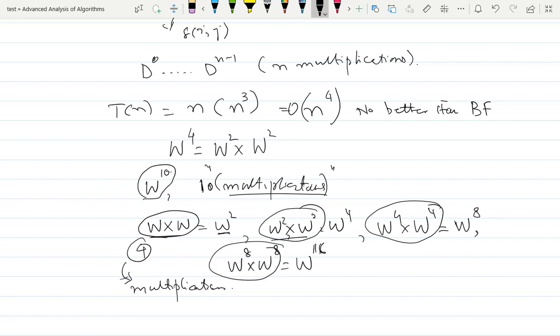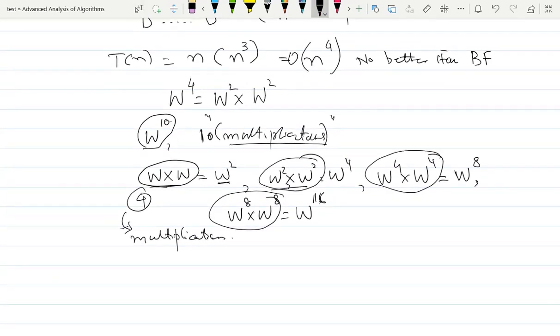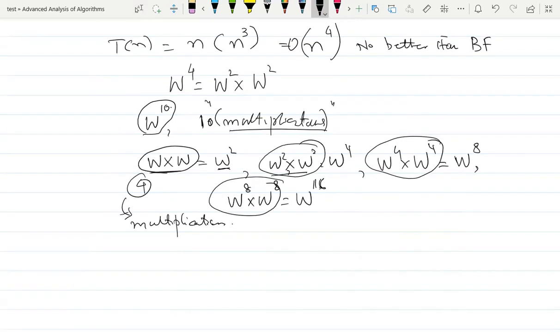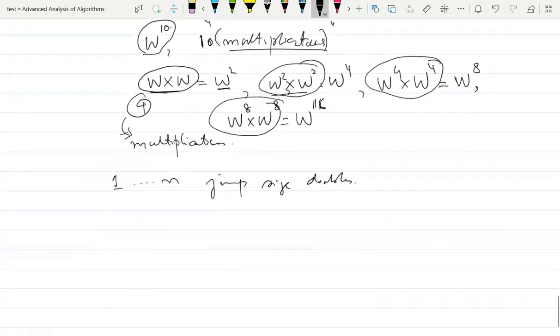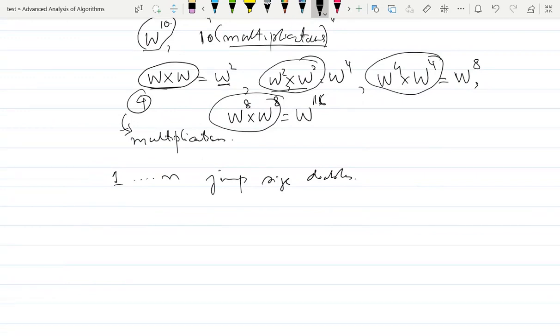So in this case there is a huge improvement. Not huge, I would say, depending upon the size of the matrices it can be huge, but there is an improvement for sure, because we are going from 1 till n, and the jump size doubles every time. So how many jumps are required to go from 1 till n if your jump size doubles?